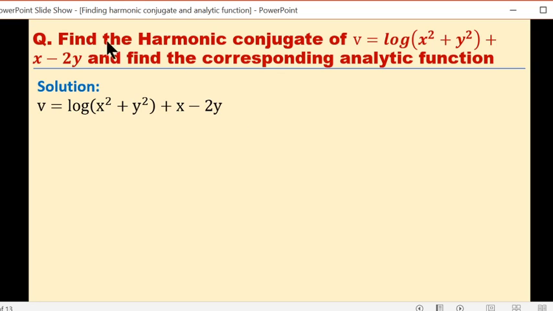We have to find the harmonic conjugate. That means we have to find the harmonic conjugate of v, that is, u, correct. And we have to find the analytic function, that means f of z. Excellent. So here we have to find two things, one is u and the other is f of z. Okay, good.